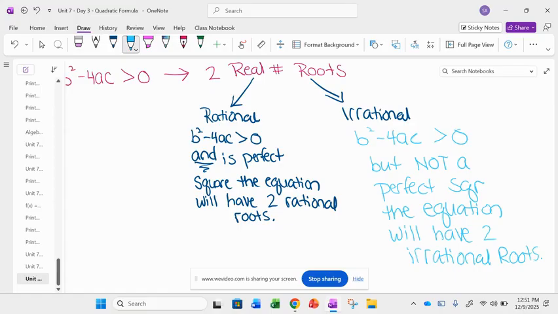Like the square root of 2, right? The square root of 2 is an irrational number. So we could have like plus minus the square root of 2. That would be 2 irrational roots.